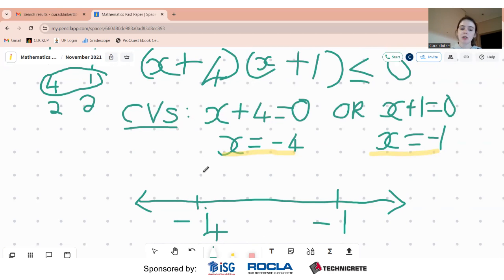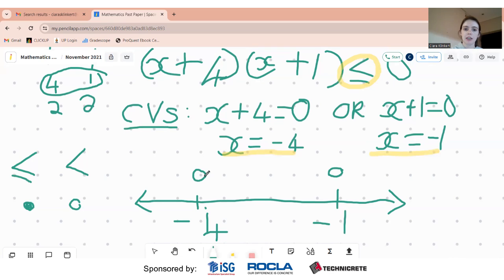Okay. Now you need to put dots above each number. So you need to go back and look at your original inequality sign. If you have an inequality sign with an equal to part, so it has that extra line underneath, you need to do a closed dot. And if you have an inequality without that little line underneath, you have an open dot.